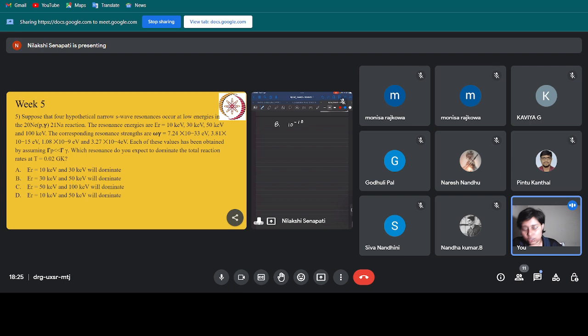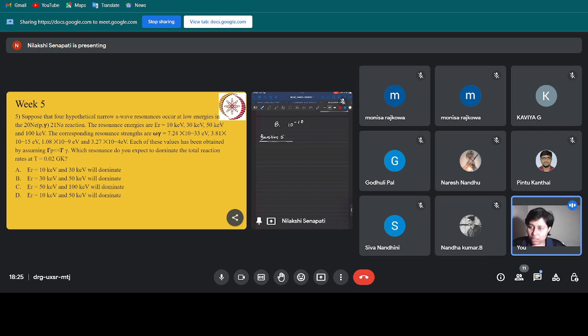So yes, next question is question 5. Suppose that 4 hypothetical narrow S wave resonances occur at low energies in this reaction. The resonance energies are ER equal to 10 kiloelectron volt, 30 electron volt, 50 kiloelectron volt, 100 kiloelectron volt.